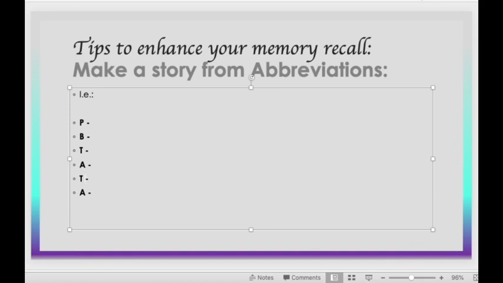Okay. So what story can you make to easily recall these components? Okay, maybe you can put it like this. P for Papa, B for buys, T, okay, simple one is t-shirt.